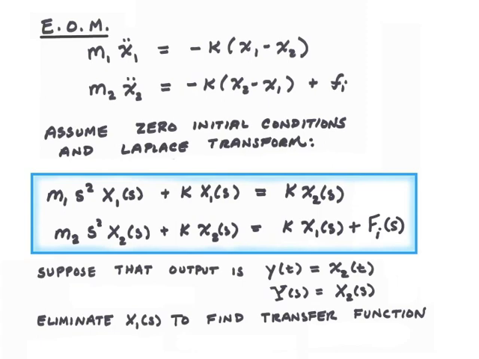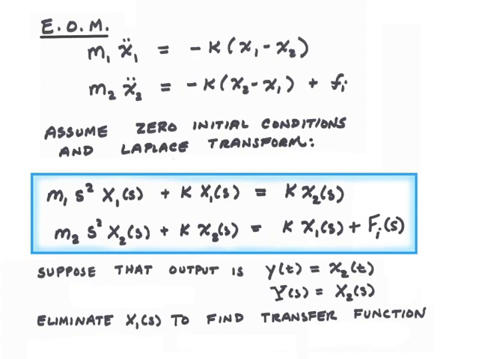Now I've done a little algebra to rearrange terms. I've pulled all the x1s to the left-hand side in the first equation and put the x2s on the right-hand side. In the second equation, I've pulled all the x2s to the left-hand side and put x1 and the input force on the right-hand side.